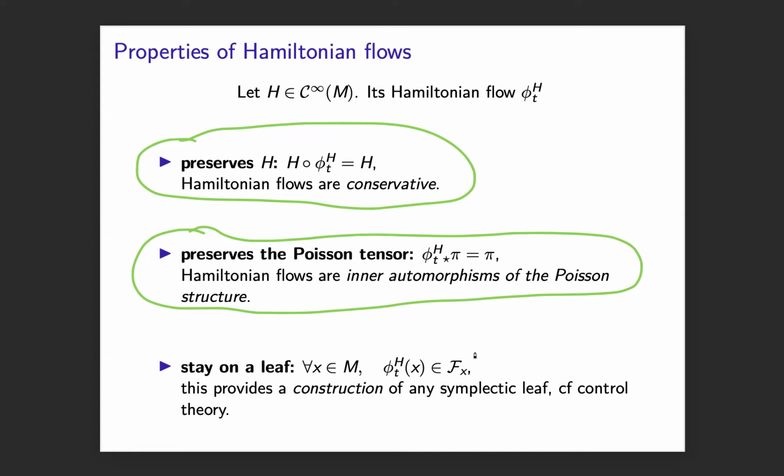And the third important property of Hamiltonian flow is that it stays on the leaf of the symplectic foliation. So this third property provides a construction of any symplectic leaf, because if you are at a point, then you may try to integrate all the Hamiltonian flows and to describe a symplectic leaf that way.